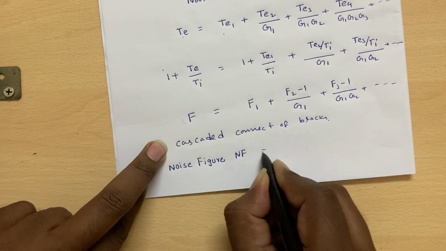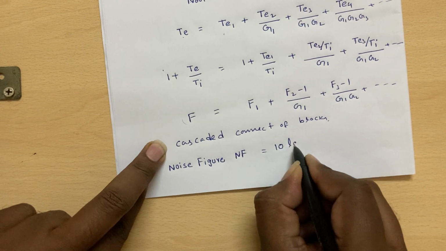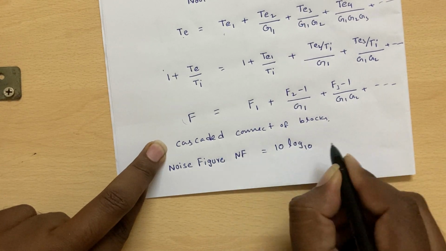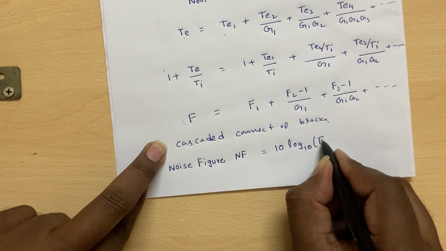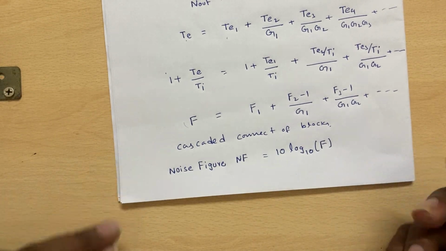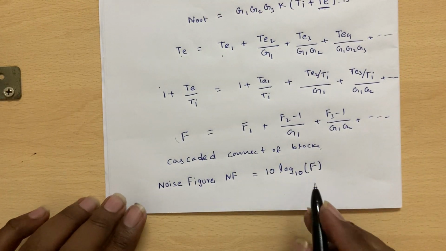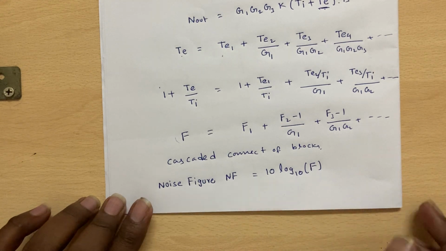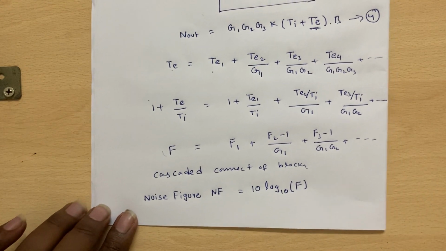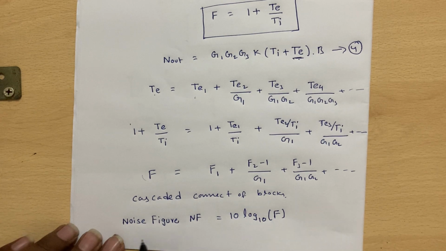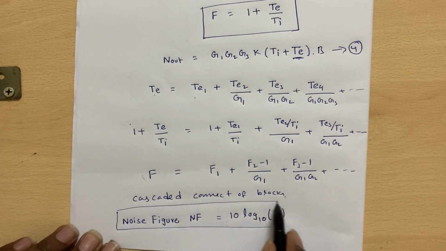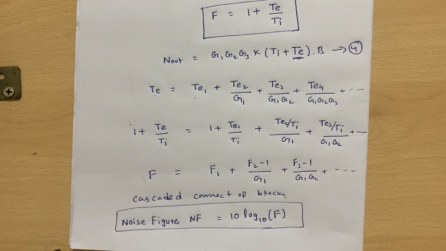So NF is nothing but 10 log base 10 of F. So this is the noise figure. Depending on the noise figure or noise factor or noise temperature, the receiver will add additional noise before passing to the detector.